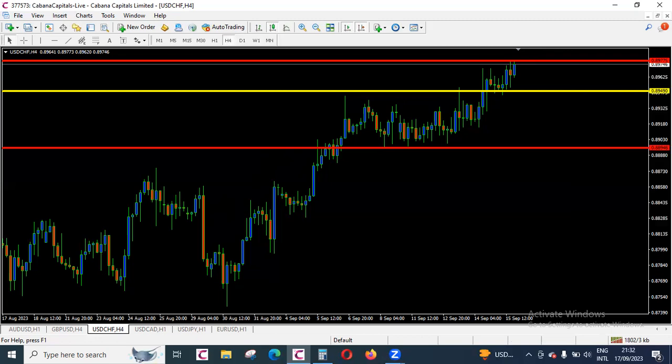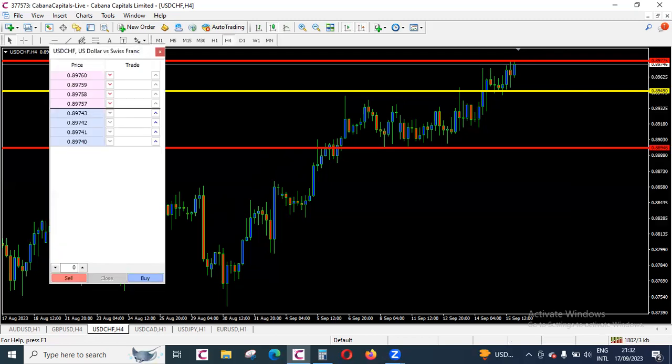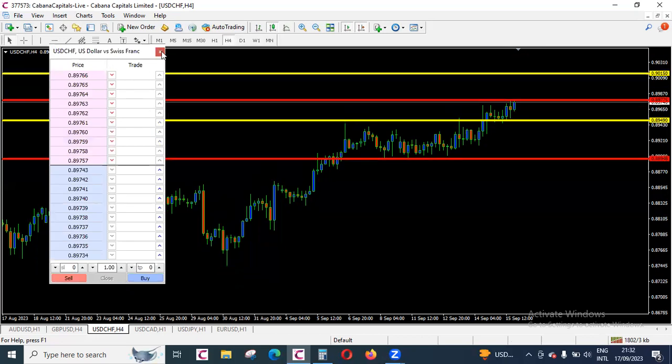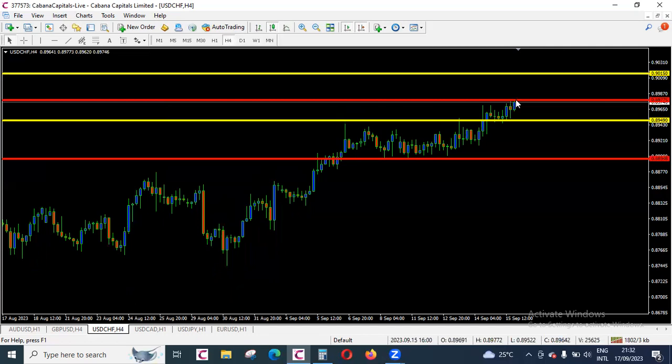If the 4 hour time frame candle closes above this level, you could wait for a retest before you execute a buy trade. And this will be your target. But if a 4 hour candle closes below this support and our pivot value, you should consider selling.